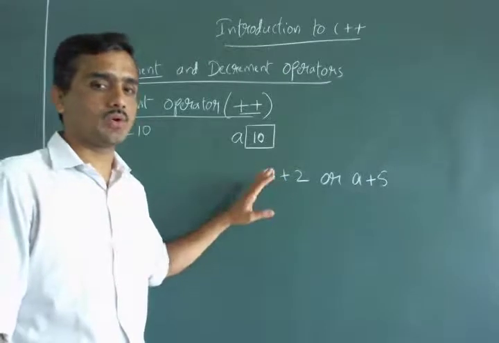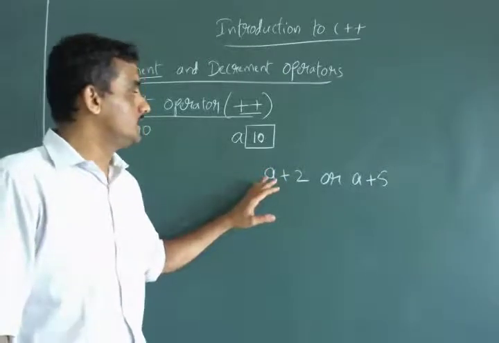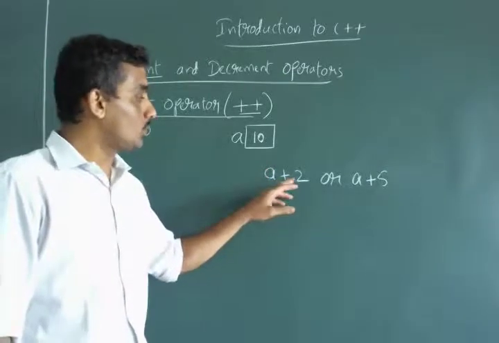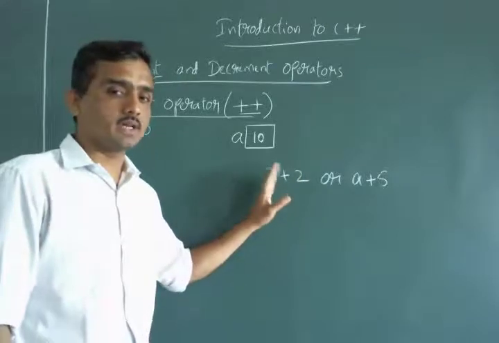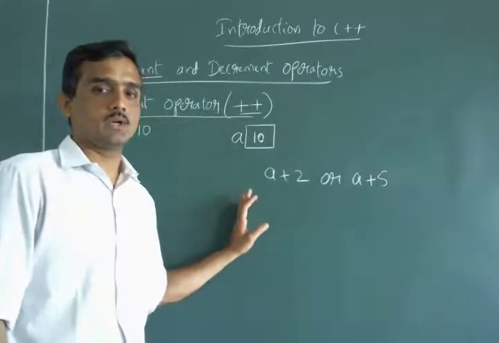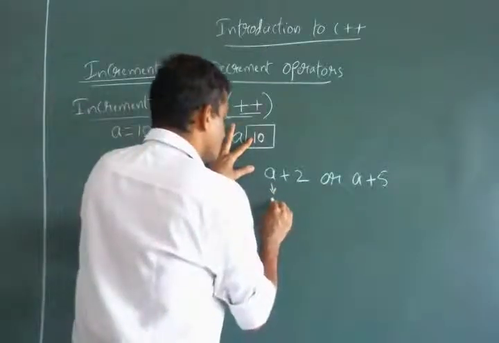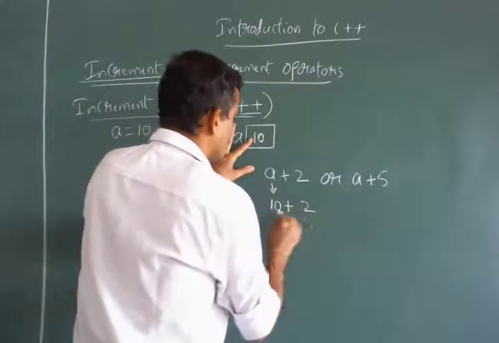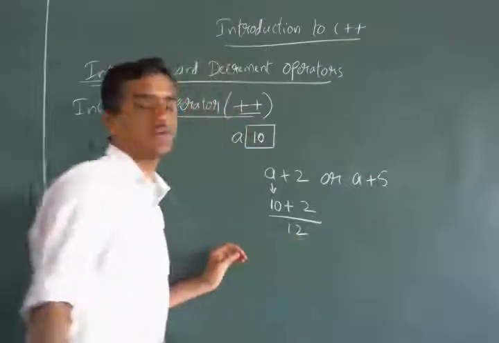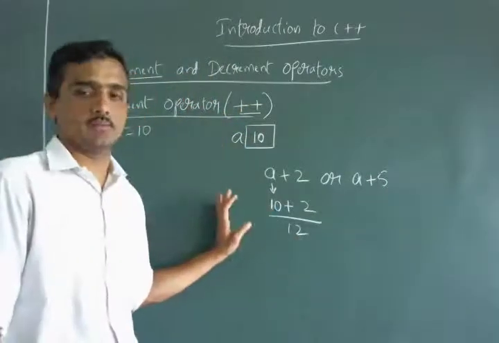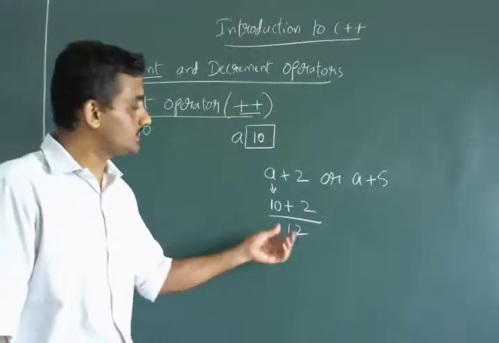Its operation is to increase by the value written after the plus symbol. Substituting a equals 10, 10 plus 2 is 12.